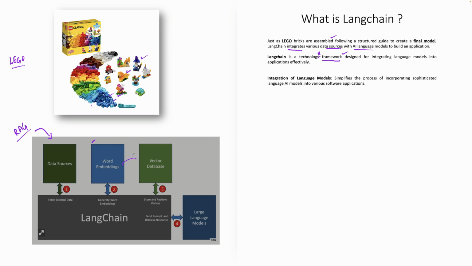These embeddings are further stored into a vector database. Now you are using the same vector database to retrieve, and the contents that you get back from the vector database act as a prompt and are sent to the LLM. So what is it? It is nothing but RAG. And all this is possible just by the beauty of Langchain, right?